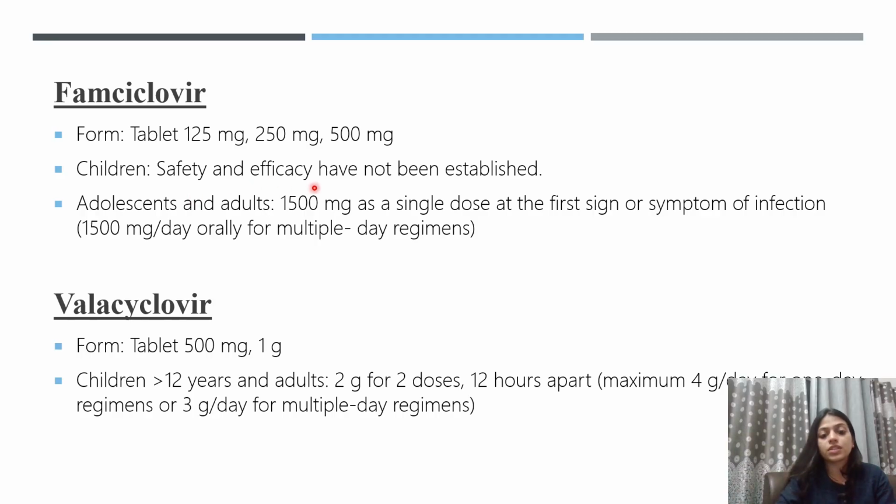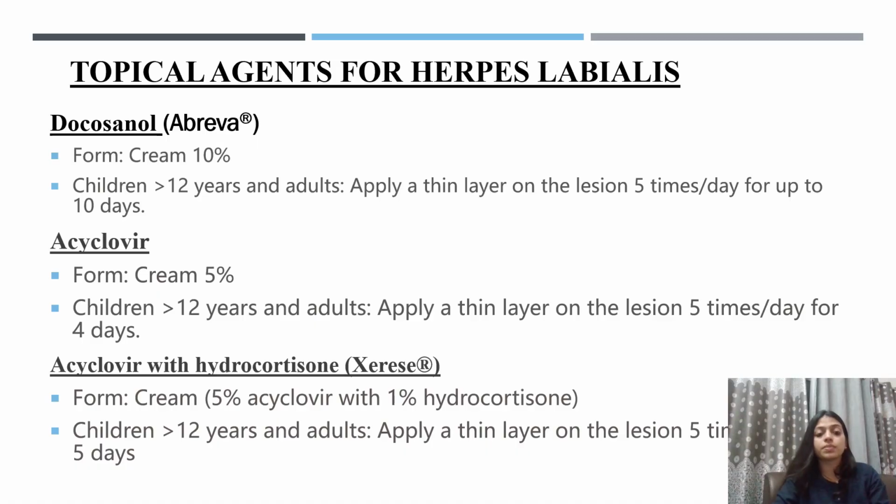For children, safety and efficacy has not been established, so it's used in adolescents. Okay, so only in adolescents 1500 milligram as a single dose can be given at the first sign and symptom of infection. And valacyclovir, it's also available in 500 milligram and 1 gram tablets. So children who are greater than 12 years and adults can be used 2 gram in 2 divided doses 12 hours apart. Okay, then comes the topical agents.